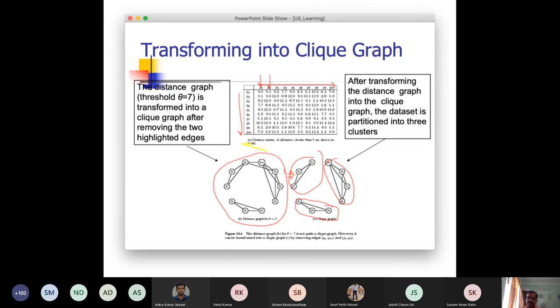Of course, it depends upon your technique. Sometimes that is also an input, but it does not necessarily have to be known. By doing some kind of structural analysis of topology, you can derive a clique graph, and from the clique graph you can find out the number of clique components.